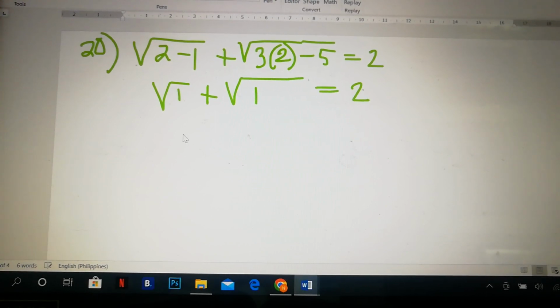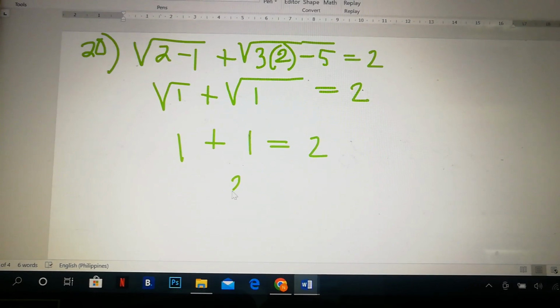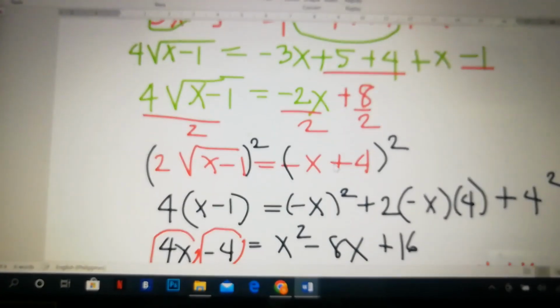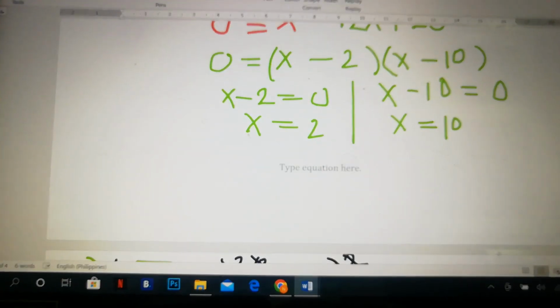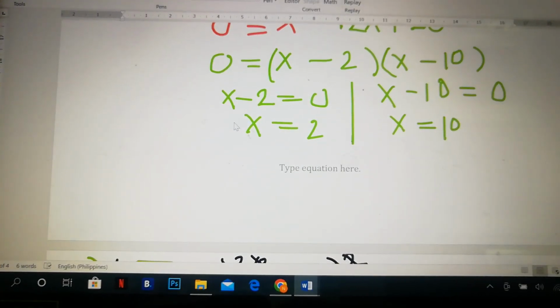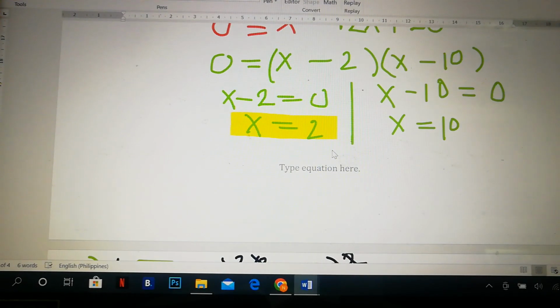So 1 plus 1 is equal to 2. 2 is equal to 2. So this is a true statement. We can conclude that the answer x is equal to 2 is one of the solutions.